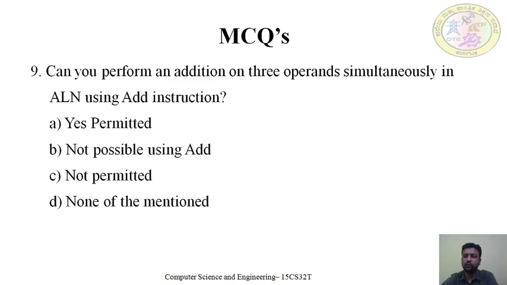Suppose add R1 comma R2 comma R3, which is nothing but R3 is equal to R1 plus R2. So R3 contains the sum of R1 and R2. That's why in assembly language notation, simultaneous addition of 3 operands is not permitted. So C is the right answer.